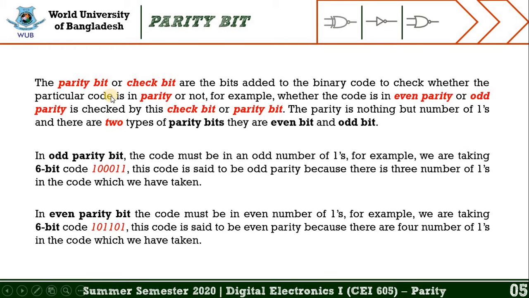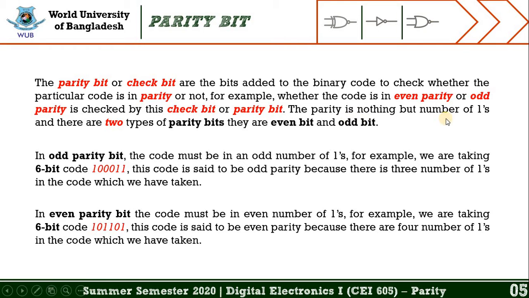From this slide, we may learn about the parity bit. The parity bit or check bit is a bit added to the binary code to check whether the particular code is in parity or not. For example, whether the code is in even parity or odd parity is checked by this check bit or parity bit.